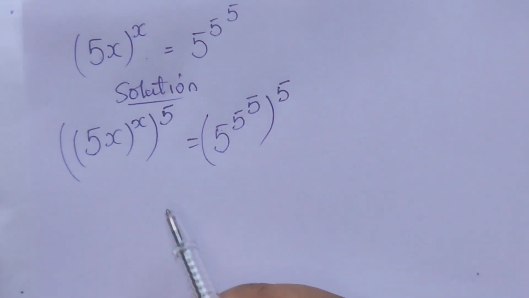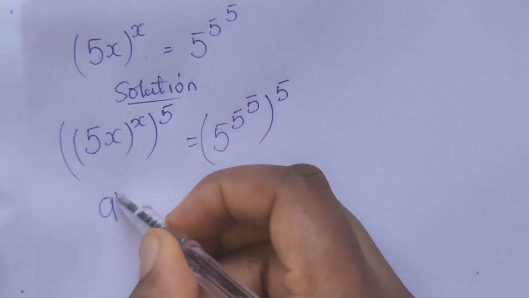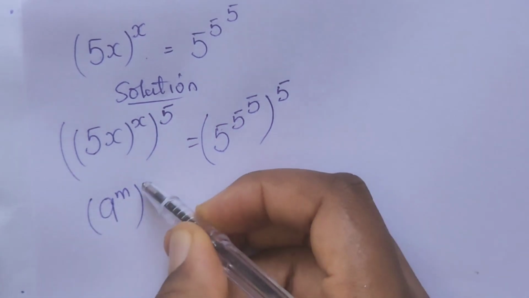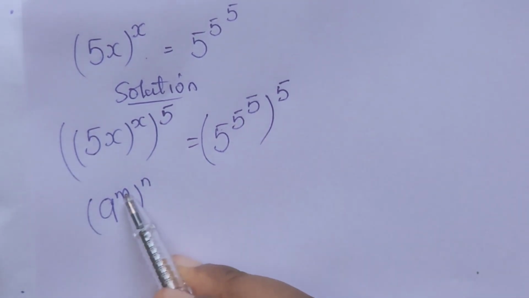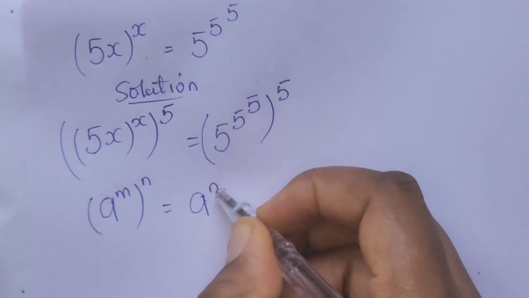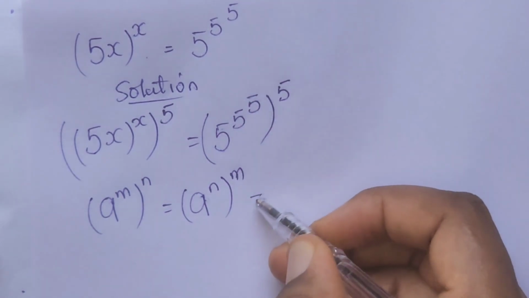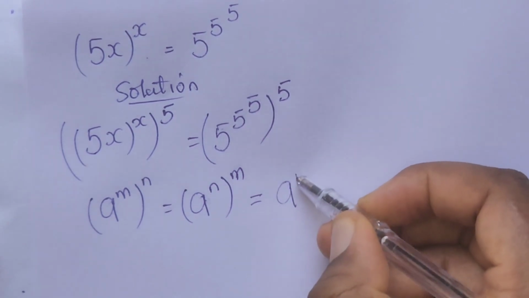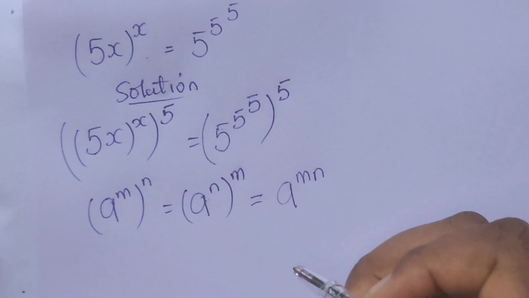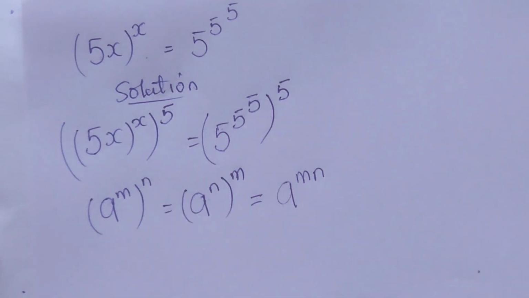Now from here, applying the law of indices, when we have a to the power of m further raised to the power of n, we can interchange the powers to become a to the power of n further raised to the power of m, and this can as well mean a to the power of m times n. So we'll be applying this over here.